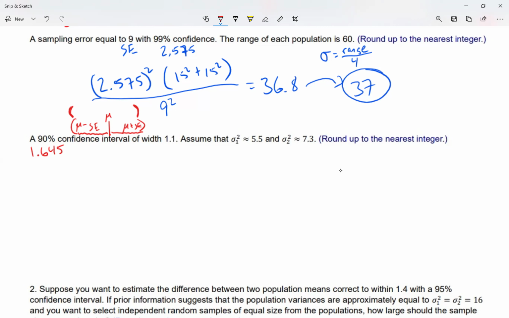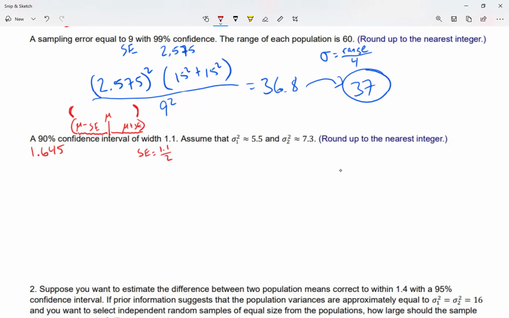So my standard error in this case is going to be 1.1 divided by 2. I'm looking at the width of the whole thing, so it's 1.1 divided by 2.